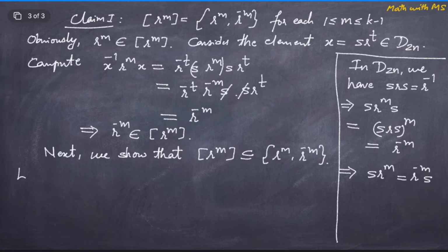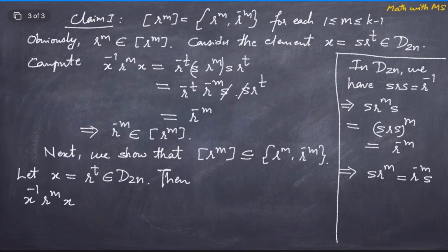Let us take, say, x equals r^t in D2n. Then if we compute directly, we see that x inverse r^m x in this case is nothing but r^m itself, and that certainly belongs to {r^m, r^(-m)}.